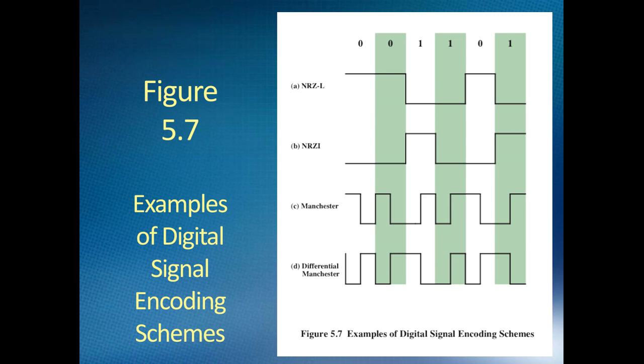Amplitude shift keying, ASK, frequency shift keying, FSK, and phase shift keying, PSK. Yes, of course. I mentioned before the break, I said there will be questions about it, for sure. You can check the recording.